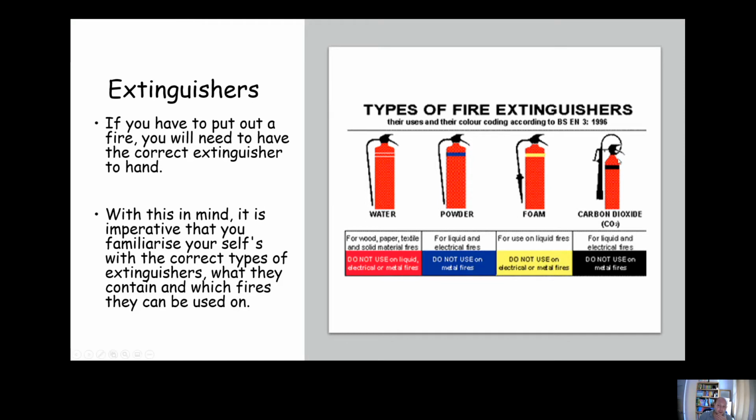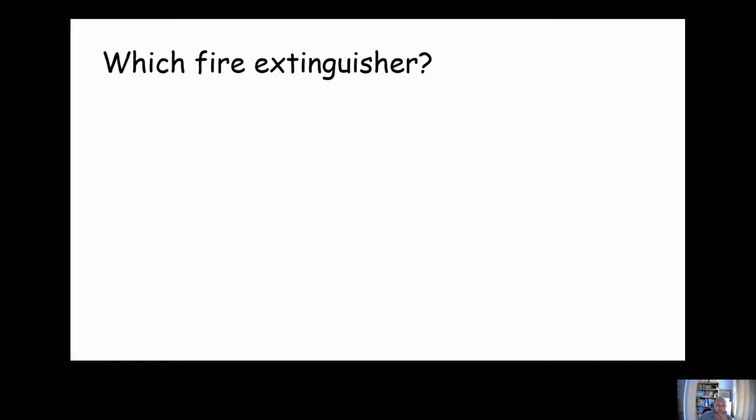And carbon dioxide is the ideal one for an electrical fire because it doesn't damage the electrical equipment further than the fire already has done, which your powder one does. But you can't use CO2 on a Class A fire because quite often it squirts out gas really quickly, which can spread debris and cause the fire to spread. But we're going to look at each of these in a little bit more depth over the rest of this PowerPoint.